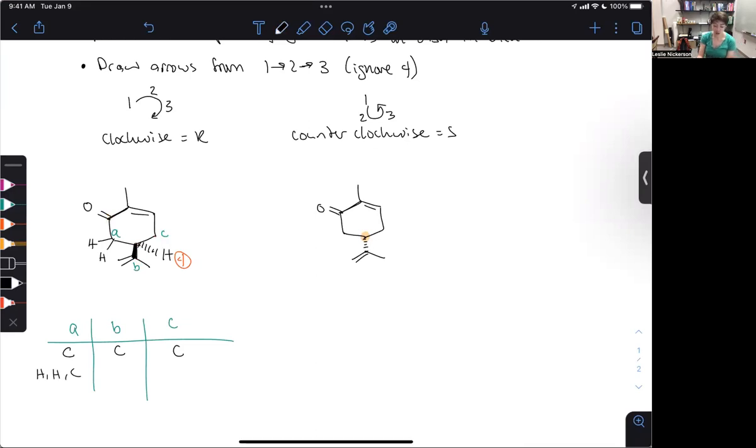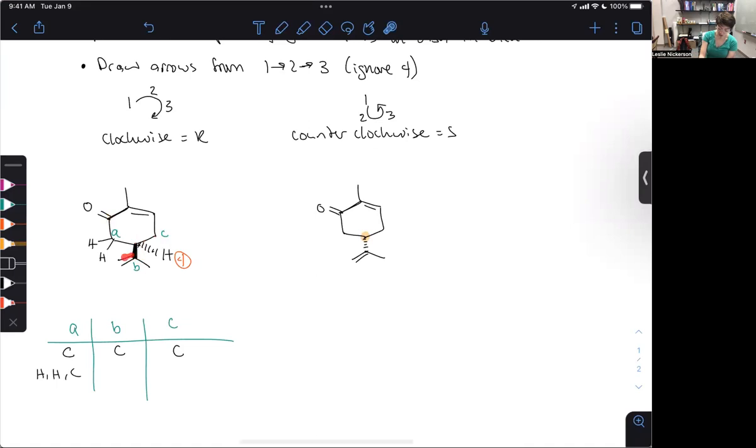Okay, so let's do the same thing for B. In the case of B, B is an sp2 carbon. The way that we deal with that is we're essentially counting each bond to a carbon as 1 carbon. So this pi bond, again, we're not looking back towards the stereocenter, we're looking away from the stereocenter.